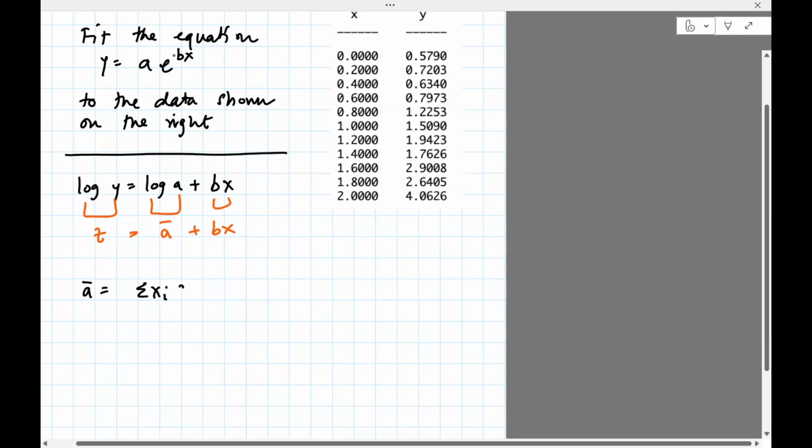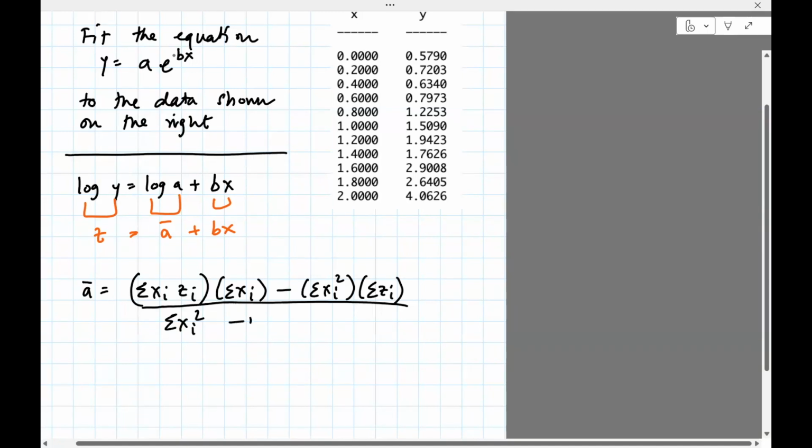Xi, zi, xi minus xi square zi. Okay, so where did I get this formula from?